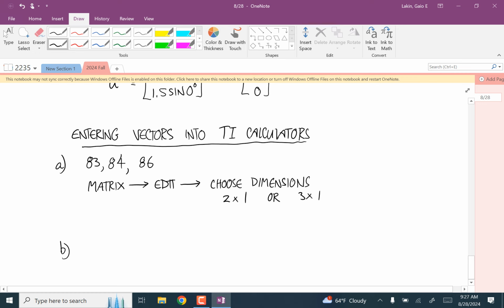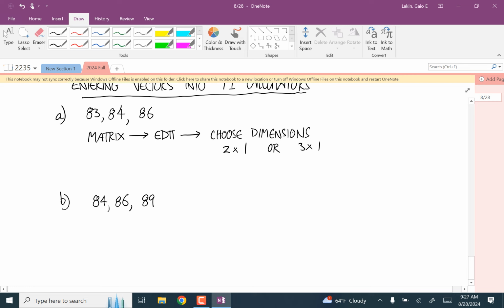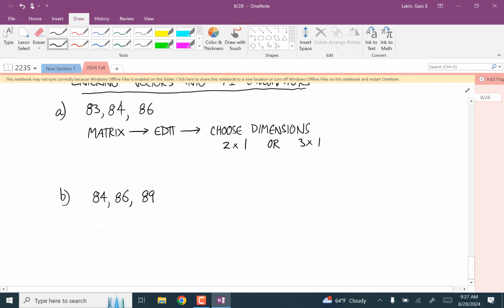I think on an 84 and an 86 you can do this, maybe. I know you can do it on an 89 like this. Use a square bracket to say that you're entering a matrix, and then use square brackets again for each row in the matrix.